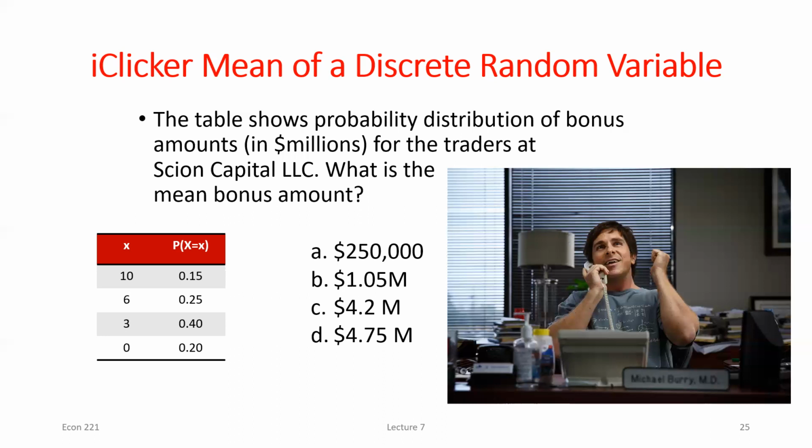So the most likely bonus this person is going to receive is 3 million. These are a little bit less likely, 0. That's all relative, right? But we have varying probabilities. So if I'm just looking at this on its face, if I had to guess before I even plug these values in, around where should the mean of this discrete random variable be?